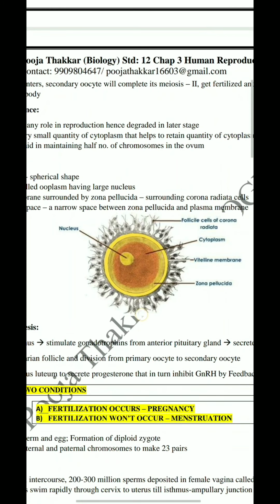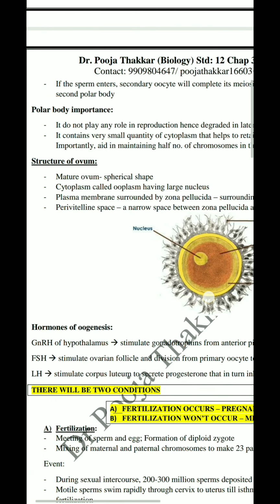These cells have multiple projections on their surface, with tapering ends, for the attachment of the ovum to the fallopian tube, as well as wherever it is moving in the female tract.